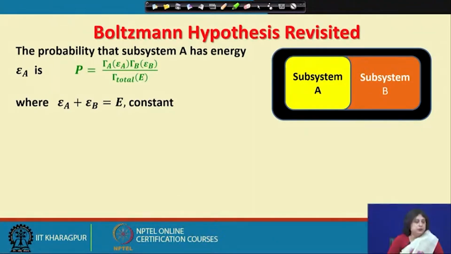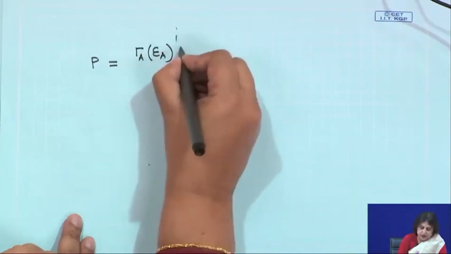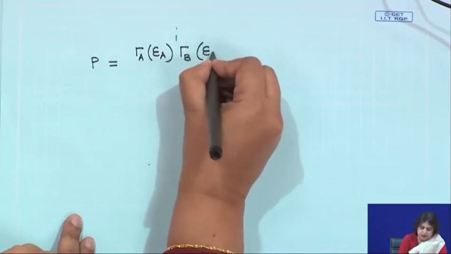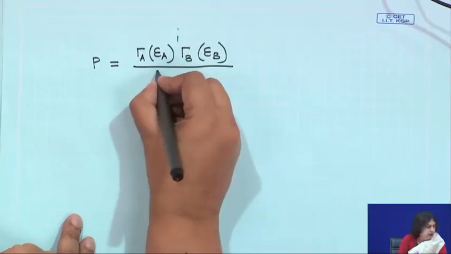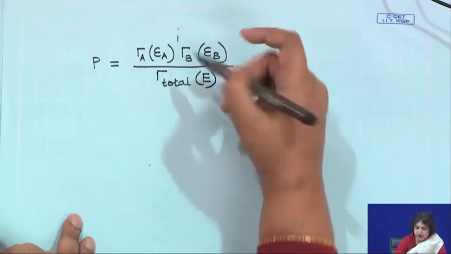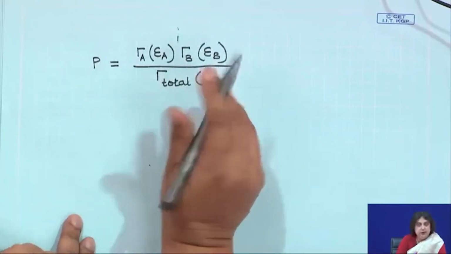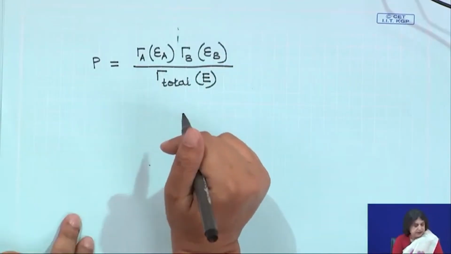Given this composite Einstein solid, the probability that subsystem A has some energy epsilon A is given by this probability P, which is equal to gamma A of epsilon A into gamma B of epsilon B divided by gamma total of E. We have seen before how to calculate this quantity P for given values of epsilon A and epsilon B and a given number of particles.